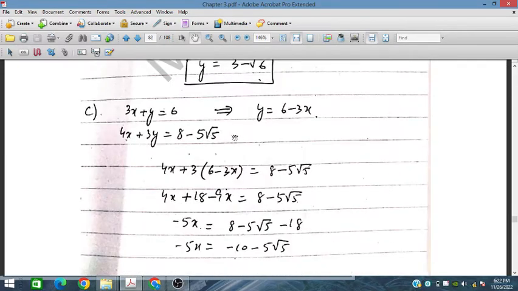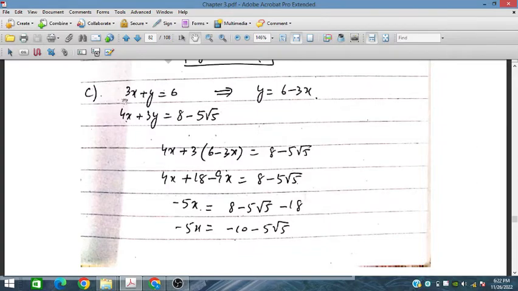Similarly for problem number c, we have 3x plus y is equal to 6, and from this we have y is equal to 6 minus 3x. The second one is 4x plus 3y is equal to 8 minus 5 under root 2. So we will place this y in here, so this becomes 4x plus 3 times (6 minus 3x), and we will solve for x.